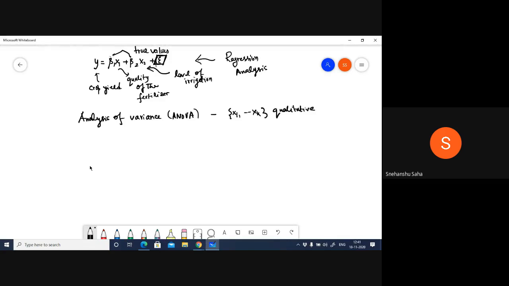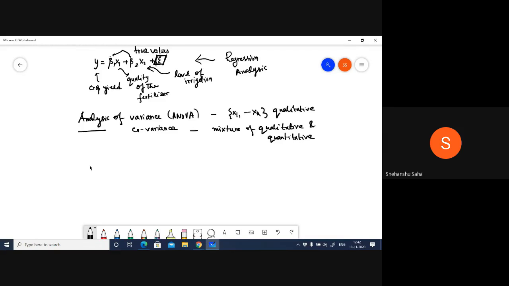And if some of the explanatory variables are qualitative and some are quantitative, then the analysis of covariance technique is used if there is a mixture of qualitative and quantitative variables.